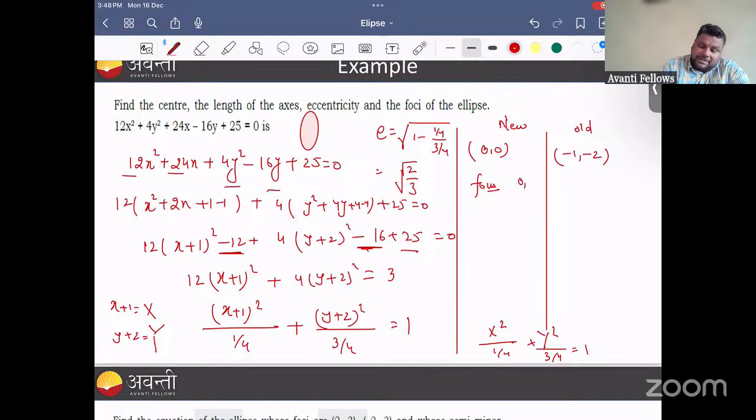Now focus will be what? 0, comma plus minus BE. Now 0 is sorted. B is what? B is under root of 3 by 2 and E is what? Root 2 upon root 3.